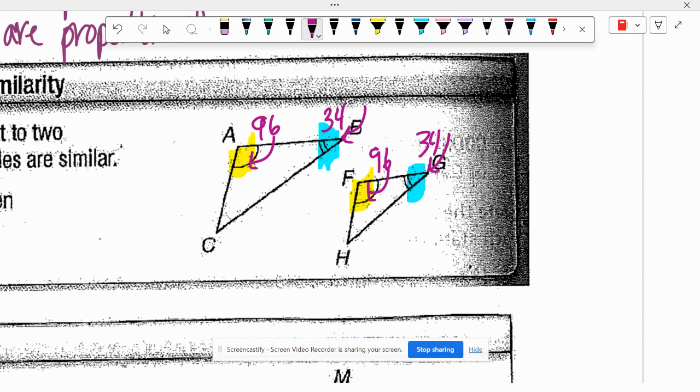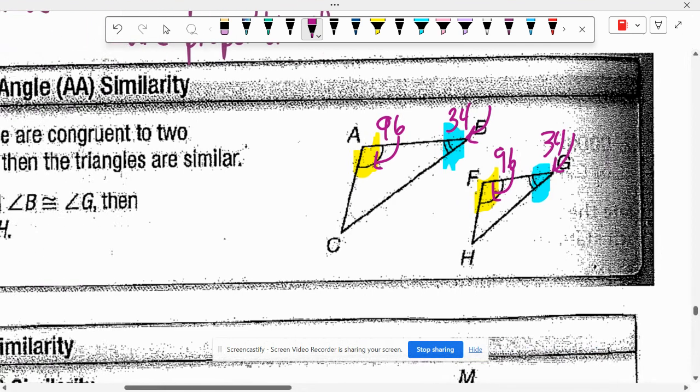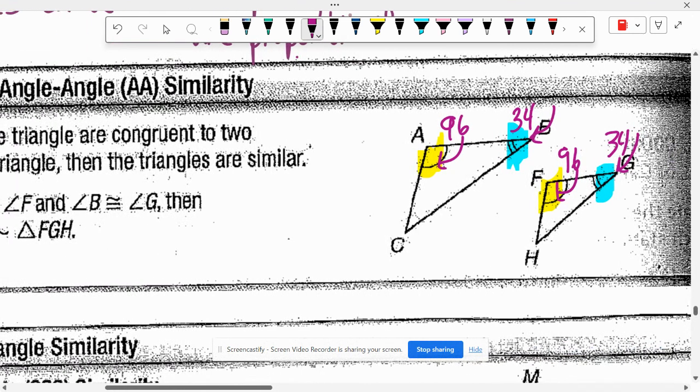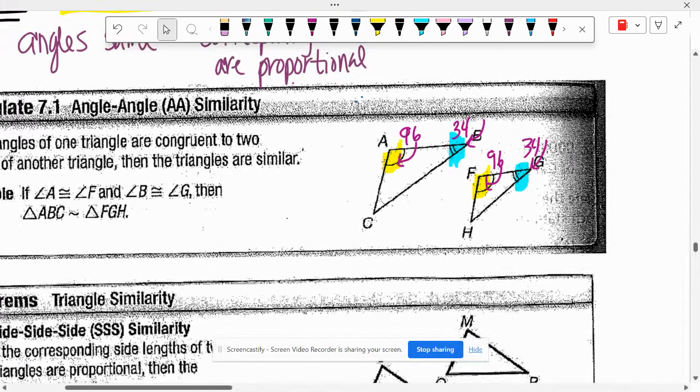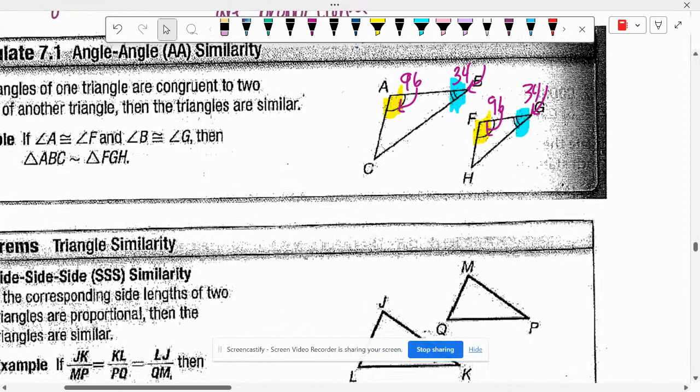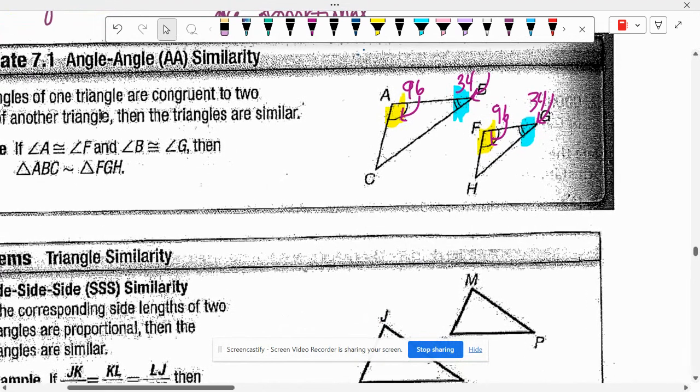They're congruent to each other, yes. And I drew several pictures on the board to show you that just because all of the angles are the same doesn't make the triangles congruent. It makes them similar, right? So it could be different sizes. So that's your first theorem, angle-angle similarity.